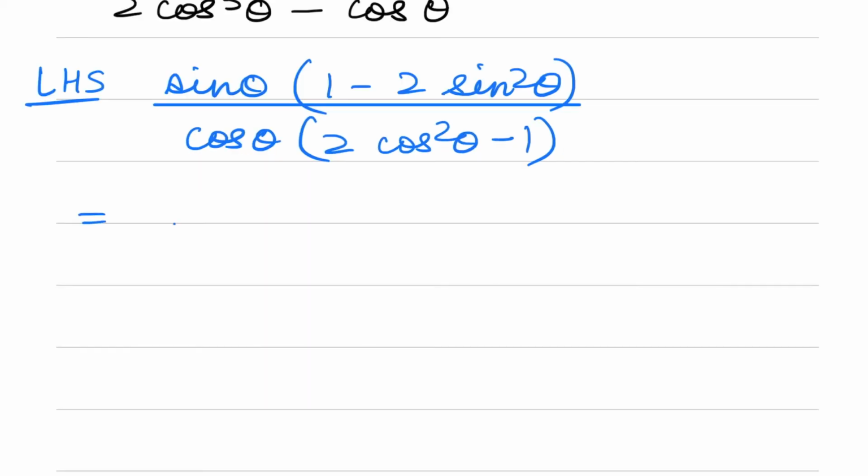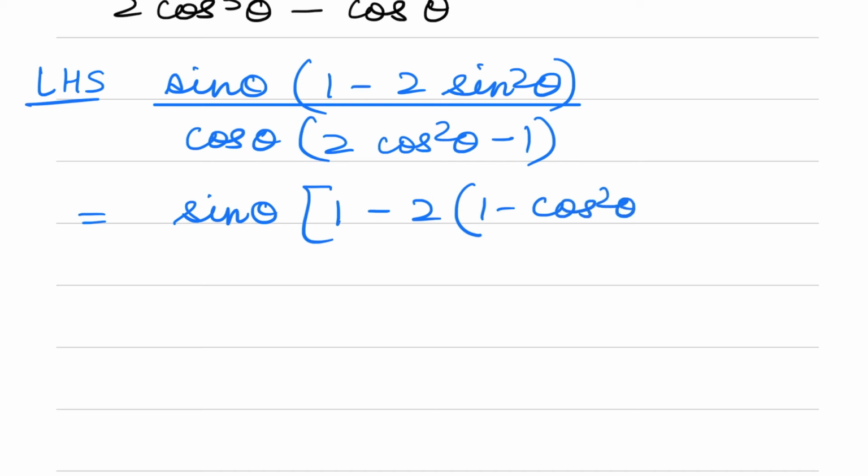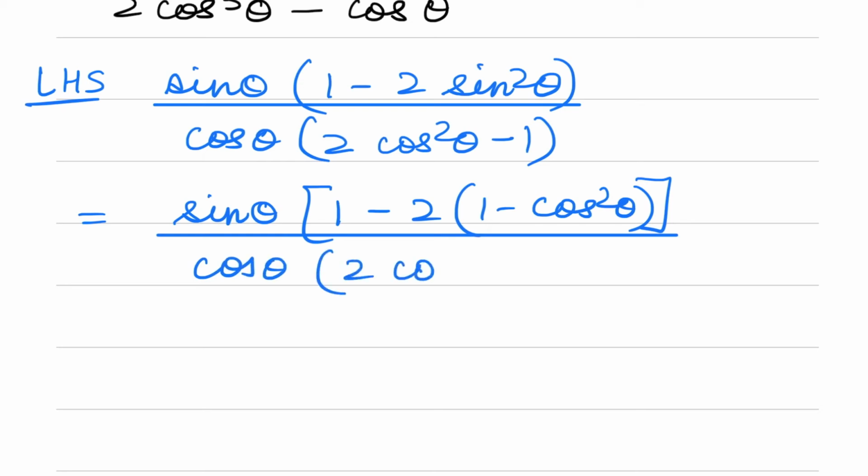Now this is equal to sin theta, and this is 1 minus 2, and sin square theta I can write down as 1 minus cos square theta divided by cos theta and 2 cos square theta minus 1.